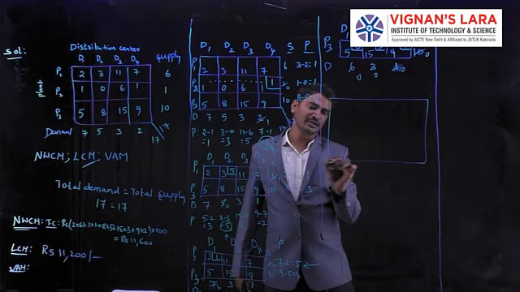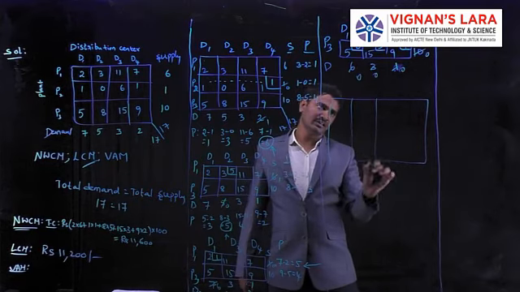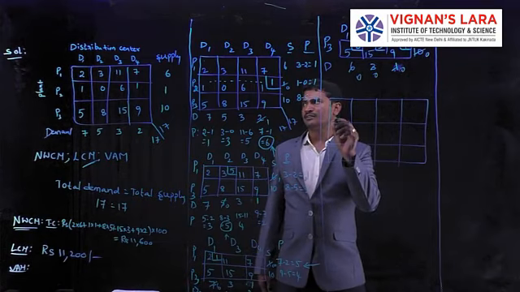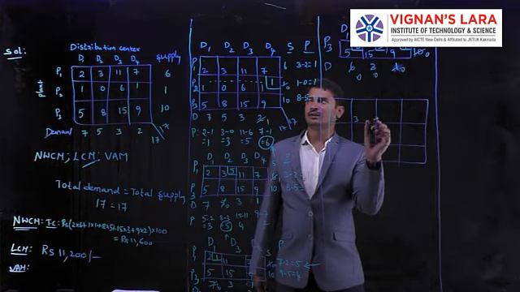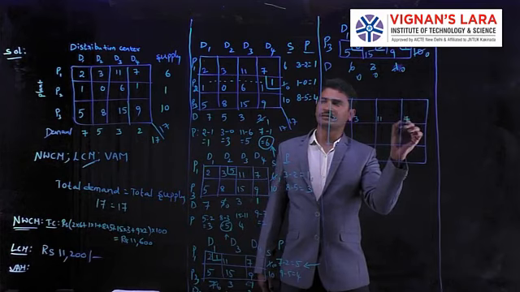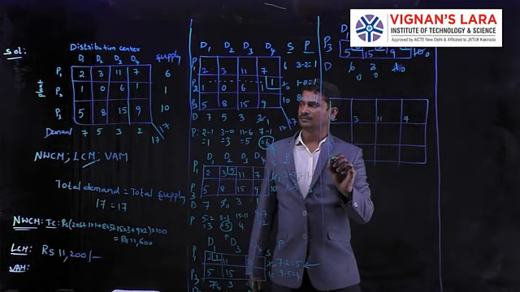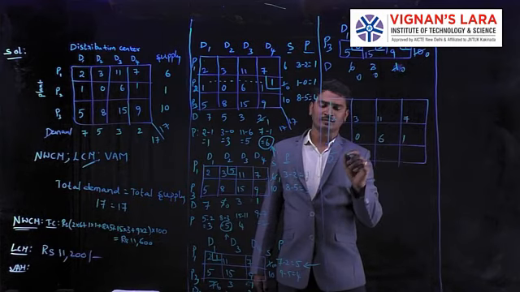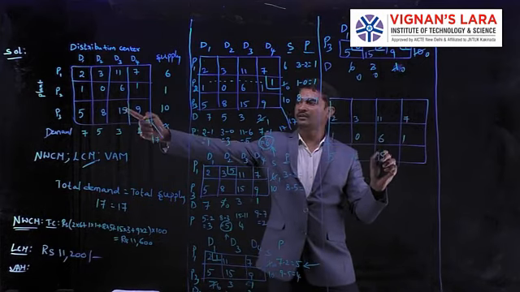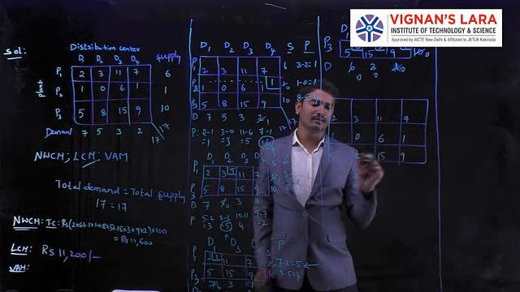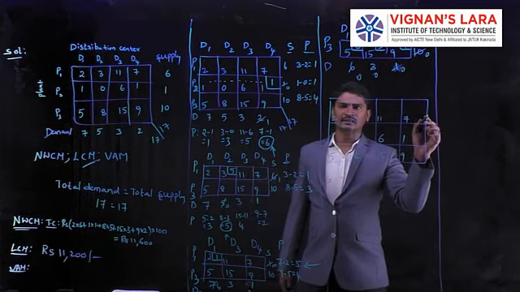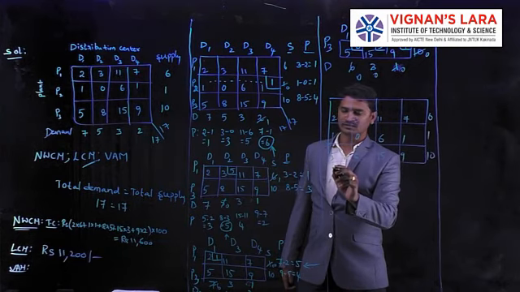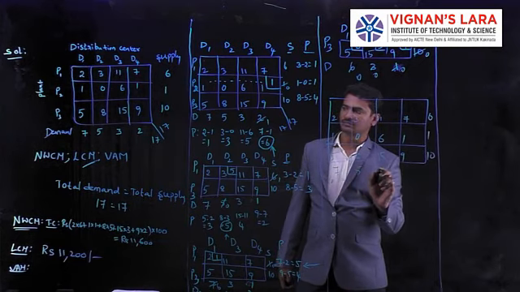For that reason I am taking the initial table here. Initially 2, 3, 11, 7, next 1, 0, 6, 1, 5, 8, 15, and from this I have taken. Next, the supplies are 6, 1, 10, and the demands are 7, 5, 3, 2.